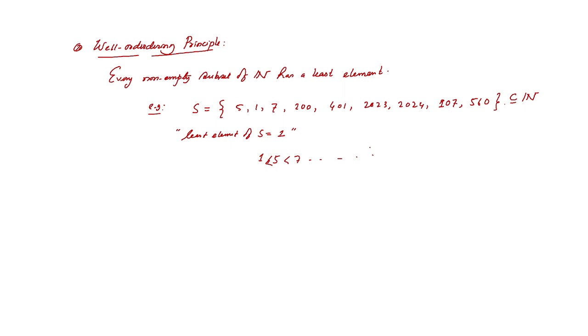Now we'll move to another important result, called the division algorithm. You can consider this as a theorem. This is well known to us from class 1, class 2 or class 3.